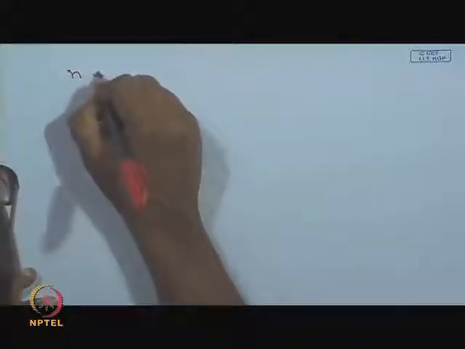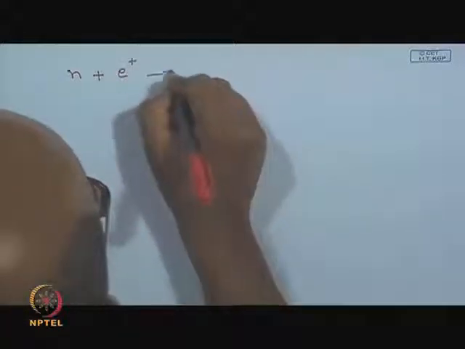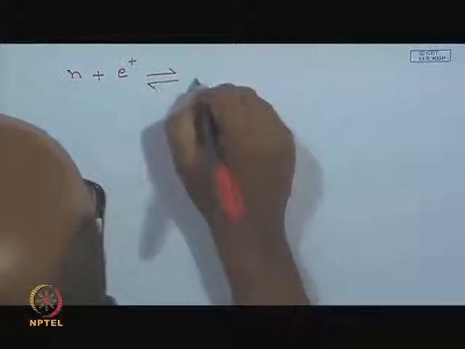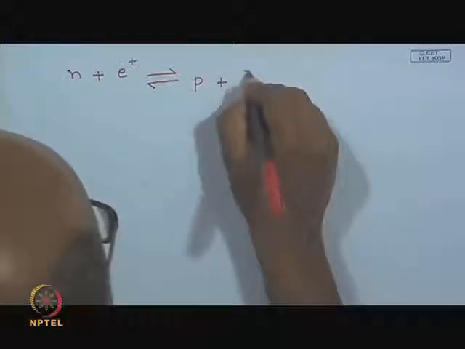The neutron can interact with a positron to form a proton and an antineutrino. This is the first reaction.